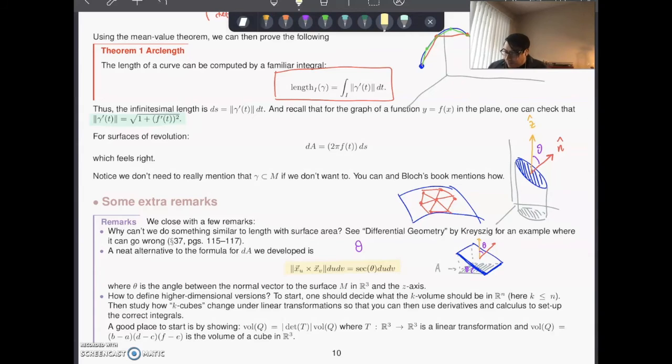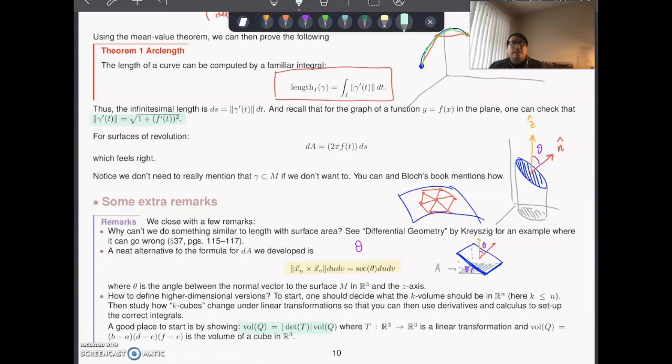The other thing I really wanted to talk about was how you generalize to higher dimensions. There's a reason why I like writing the formula as the square root of the determinant. It's because of the change of variables formula. If you go to higher dimensions, you can compute the volume of a cube or a parallelepiped in R3.